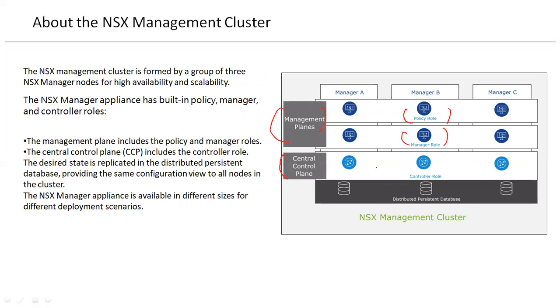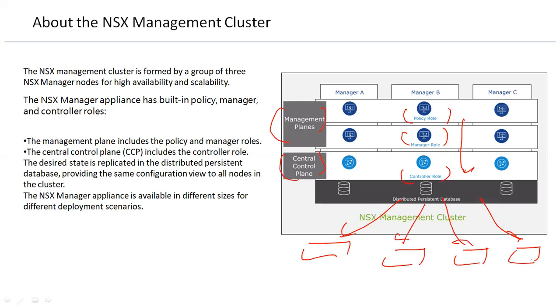The control plane primarily works as the controller role, which takes the information from the policy and manager roles and pushes it to the local control planes. When I say local control plane, I mean my transport nodes, which could be my edge node, my physical ESXi node, or maybe my KVM host. So this information will be pushed from the central control plane to the local control plane.